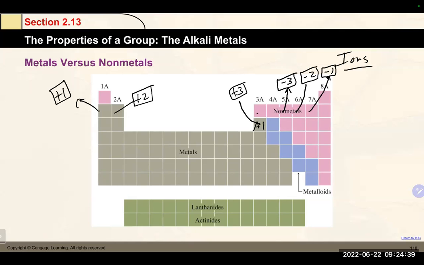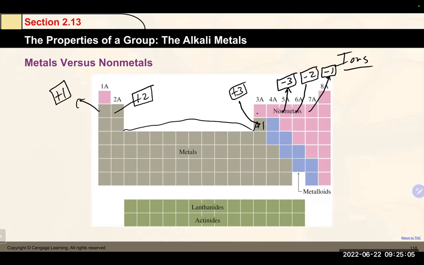So these are fixed charges. As we've been talking about, the metals will be positively charged, so +1, +2, +3 to aluminum. Skip 4, then -3, -2, -1 for our non-metals. Our transition metals typically can have variable charges, so most of those could be, like I said, +2, +3, +1, +2.